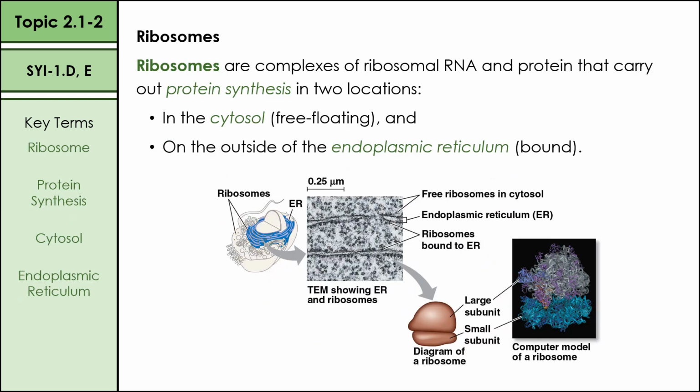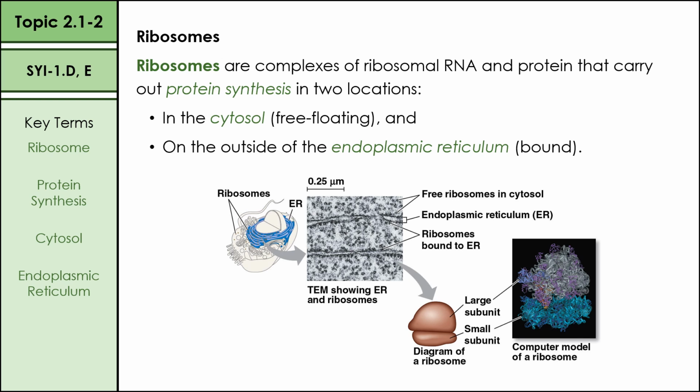Another big player looking at the basic structure of our nucleus and of our rough endoplasmic reticulum are our ribosomes. Now, ribosomes are organelles, but they are not membrane-bound organelles. Instead, they are organelles that are composed mostly of proteins, but also portions of ribosomal RNA that are the sites of our protein synthesis.